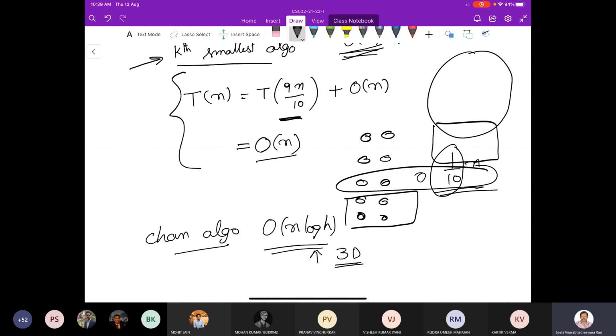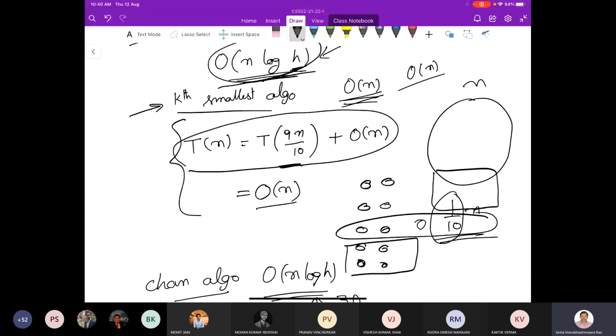Even with a recurrence like this, the constant involved will be very large here. So the ultimate convex hull algorithm, even though it is n log h complexity-wise, has a high constant. Practically, it's not a very good algorithm from an implementation point of view. It is a very difficult and complex algorithm, and the constant involved is high.